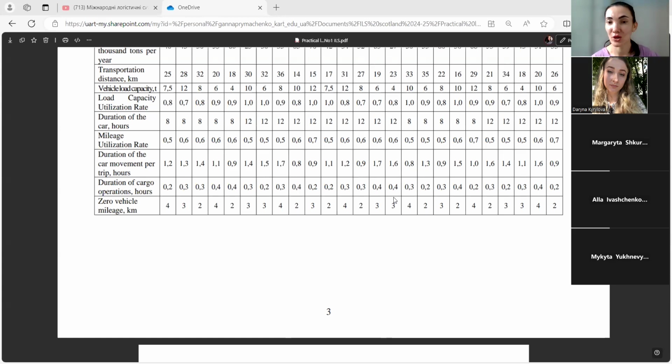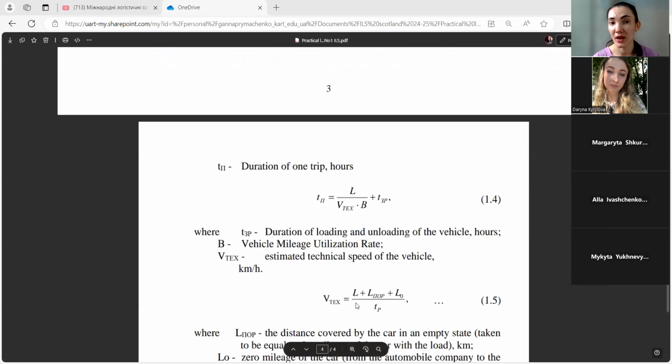Yes. So decided, and we have the G with index paid is duration of one trip in hours. So we write, for example, 2 hours, or leave 2 after points, or 1 after points, for example.